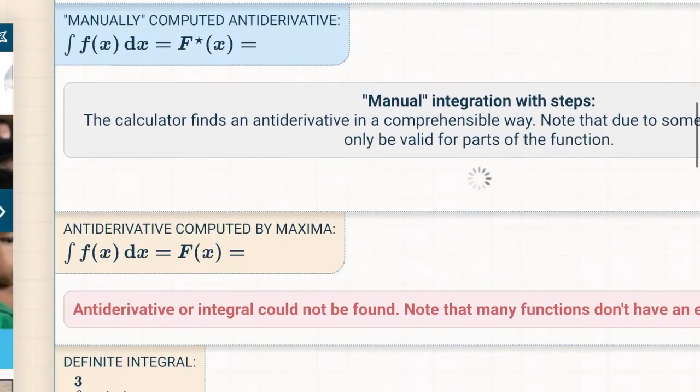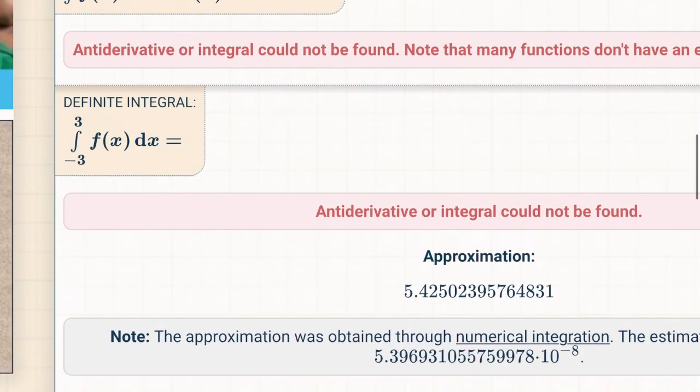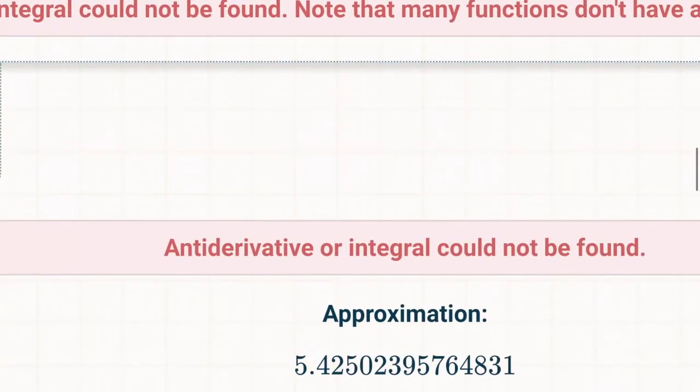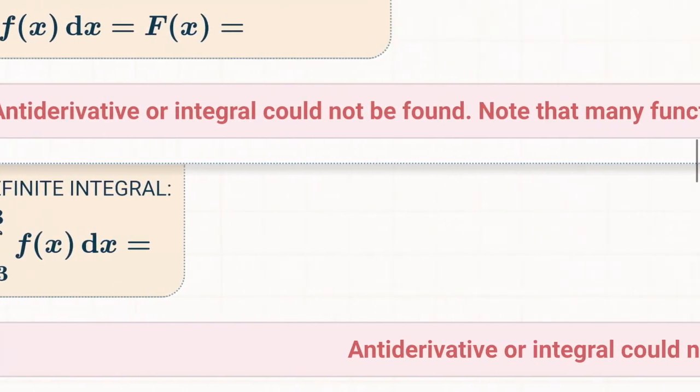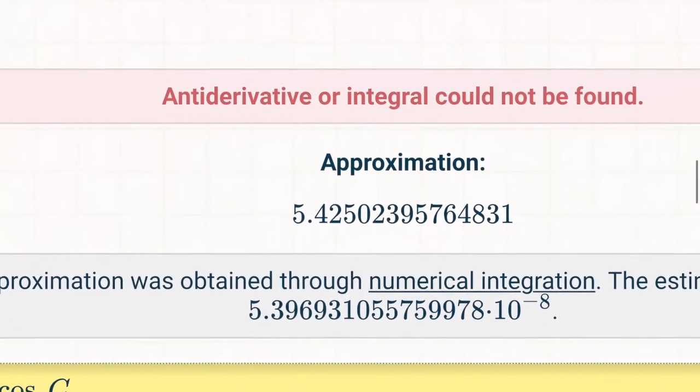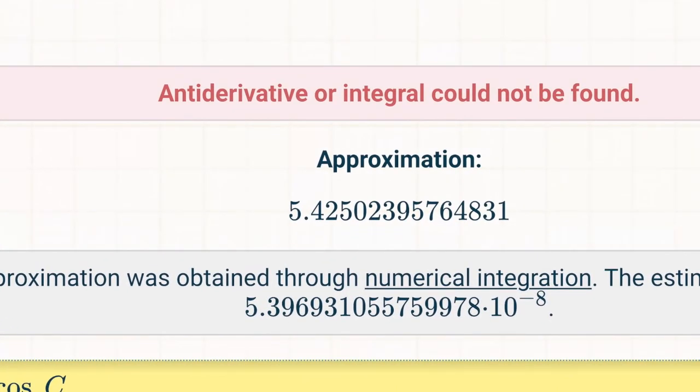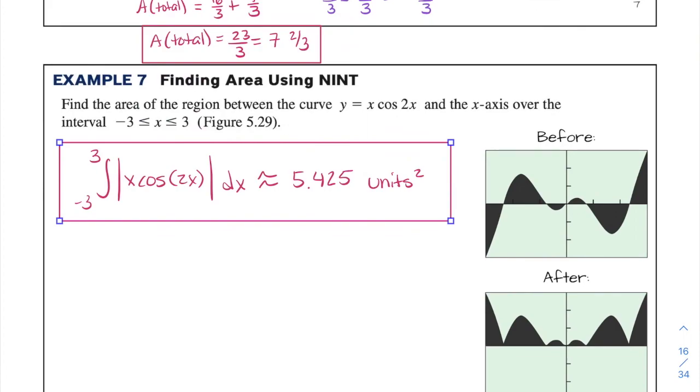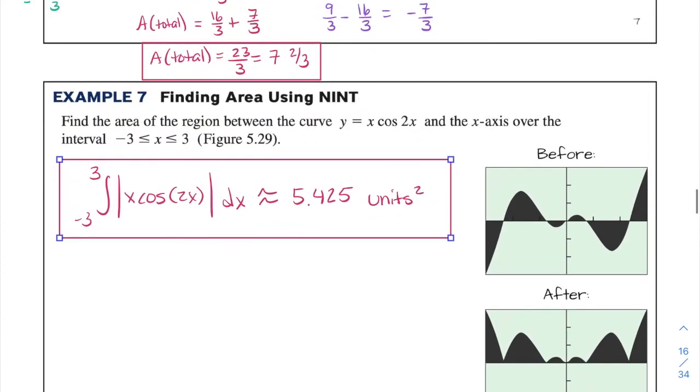Give it a second. This could take a while. Oh, you know what? It does not like it at all, one bit, but it gave us an approximation of 5.425. So both calculators gave me the same result.